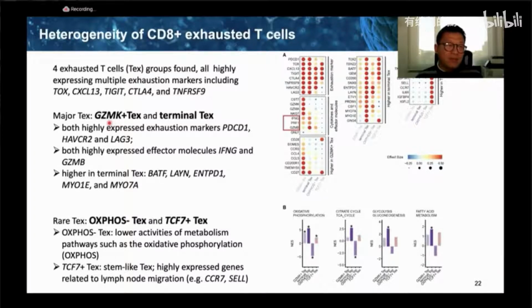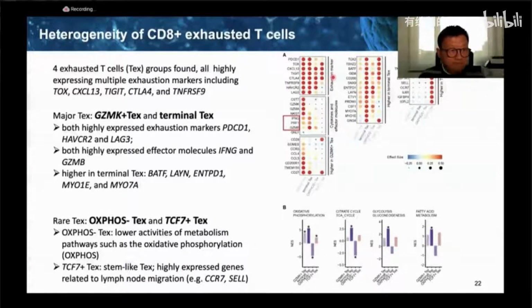One is GZMK positive TX, and the other is terminal TX. They both highly express PD1, TIM3, and LAG3, and both highly express interferon gamma and granzyme B. Those are effector molecules. But the terminal exhausted T cells also highly express layilin, ENTPD1, and BATF.